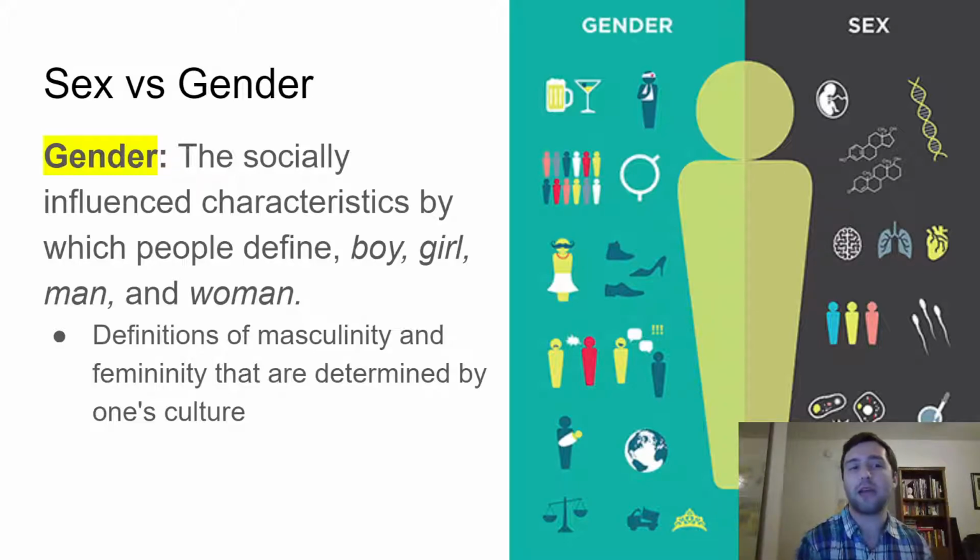Now, that's our definition for maybe America. If we ask that same question in different places, what's considered an attractive man might look very different. A really simple example is K-pop groups in Asia.